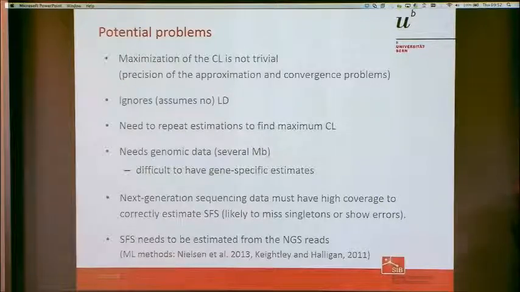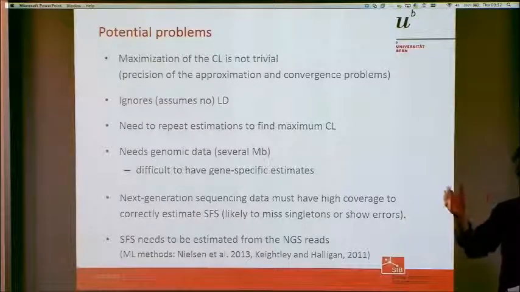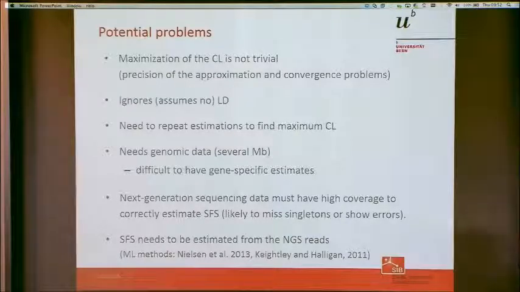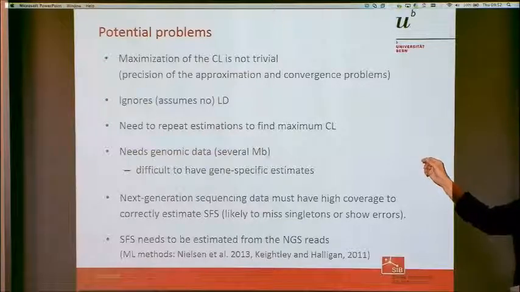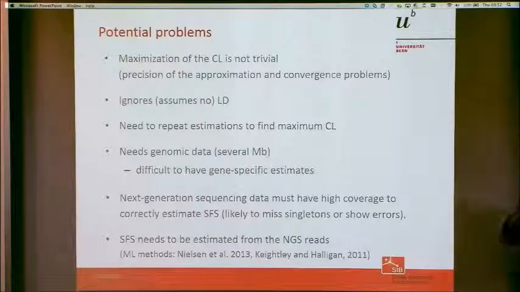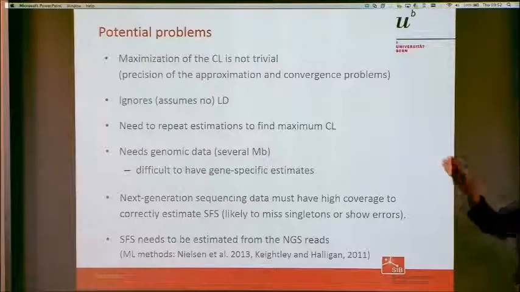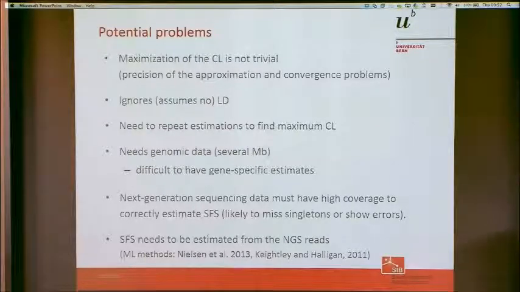Something that we also don't have is any information about linkage disequilibrium, so it just assumes that all the sites are independent, which is not the case. And to obtain relatively good values, usually you need to repeat estimations from different starting points to be sure that you find this kind of global maximum likelihood, or composite likelihood, since it is a composite likelihood because you don't take into account this linkage disequilibrium data.